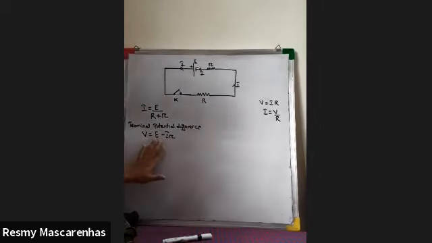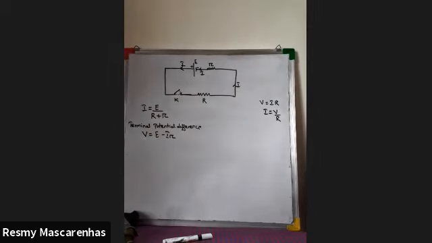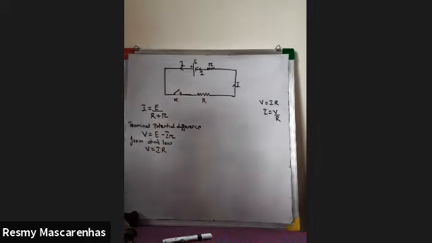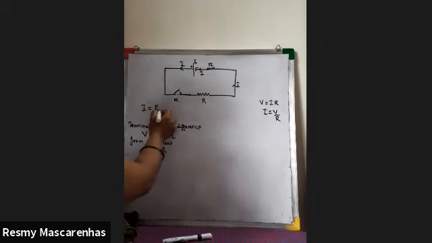I hope you all remember this formula. Last time I had given you. Terminal potential V is equal to EMF minus I into r. From Ohm's law, we know that V is equal to IR. Now you know the value of I.